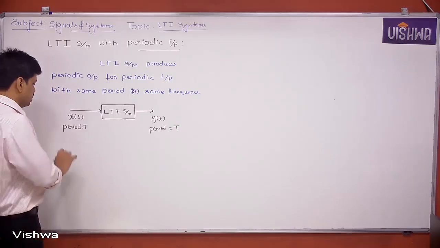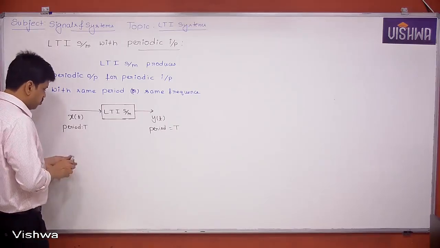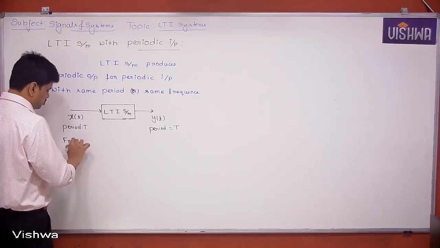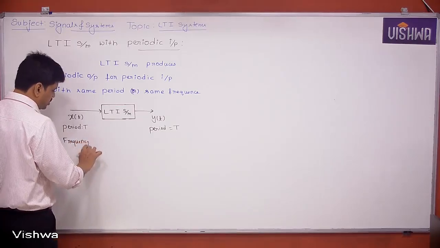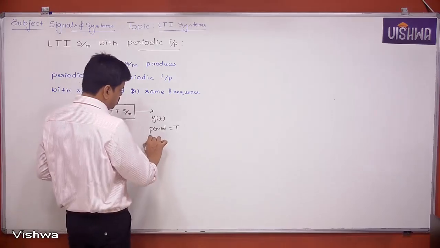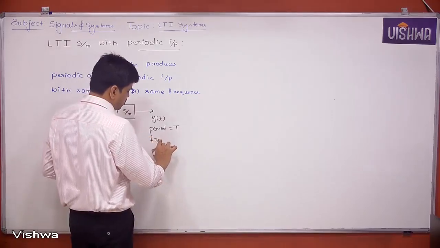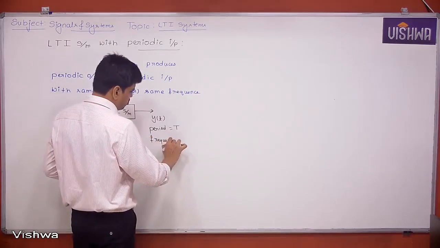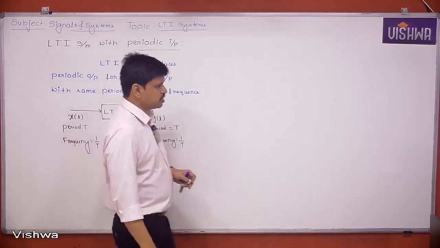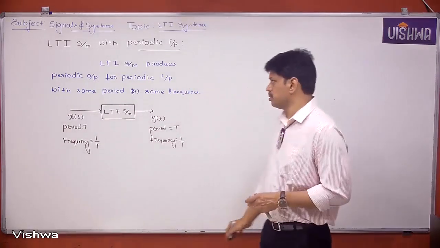What is the frequency here? The fundamental frequency, which is 1 by T. Here also the frequency is equal to 1 by T. Let's see one example so you can understand.